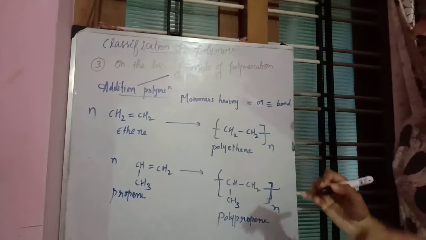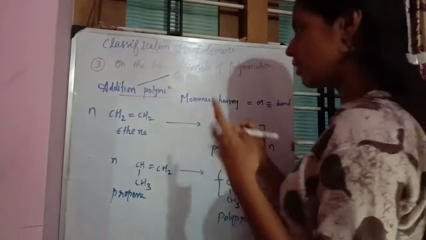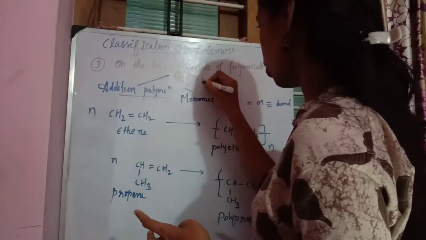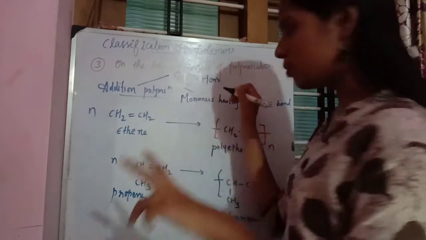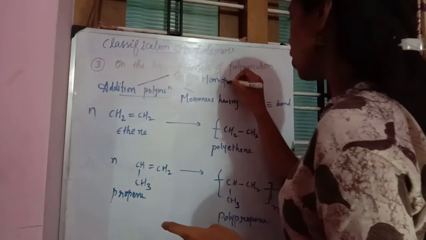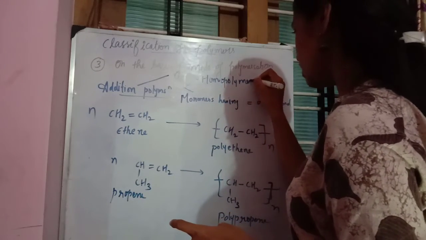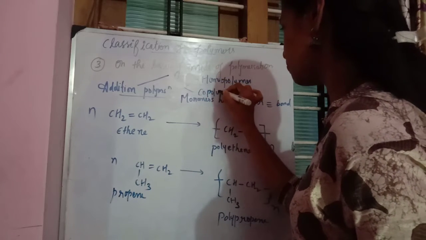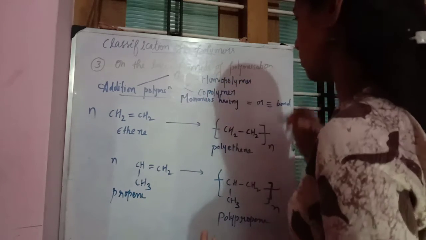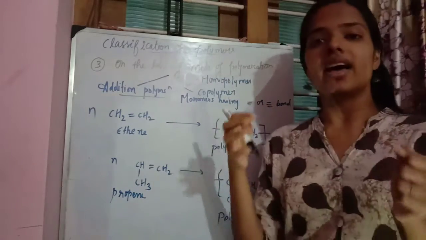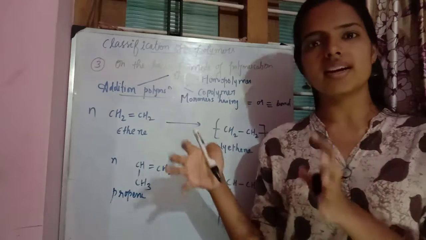And in addition, remember one thing, that addition polymer is again of two types. Fine. One is known as homopolymers, and the other one is heteropolymer, or you can call it as copolymer. What is the meaning of homopolymer? Homopolymer means same monomers are combined.